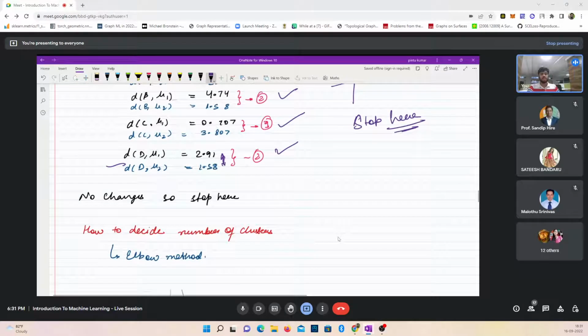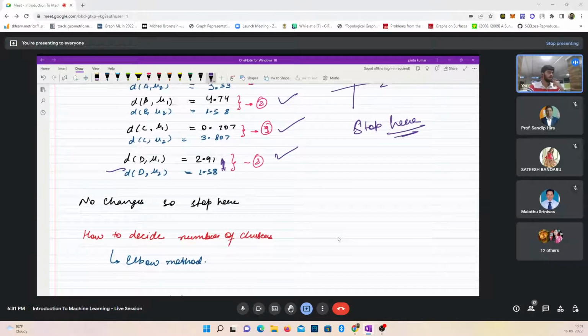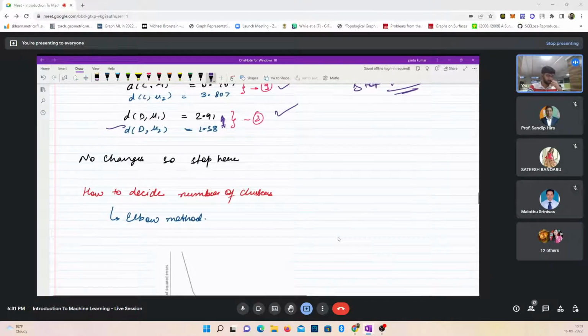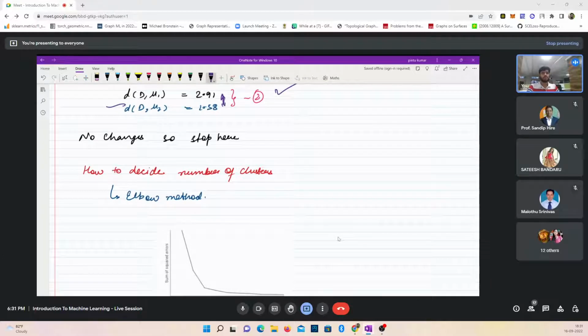Before I ask you about your doubts, one more thing to mention is how do you decide upon the number of clusters? I said that it's upon your wisdom, you have to choose it a priori. But if you are not getting any information from your underlying task, and you don't have any idea how to decide the number of clusters, then what to do?